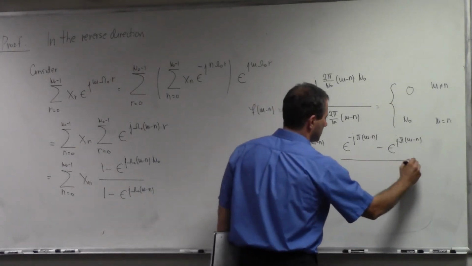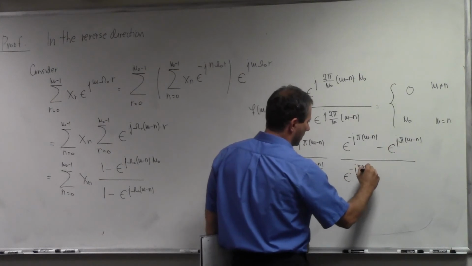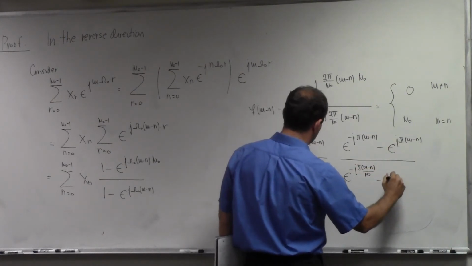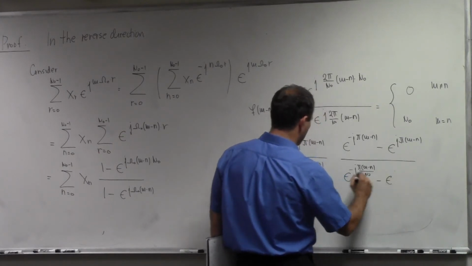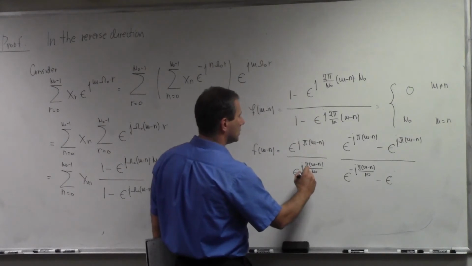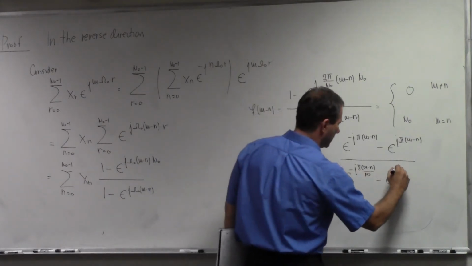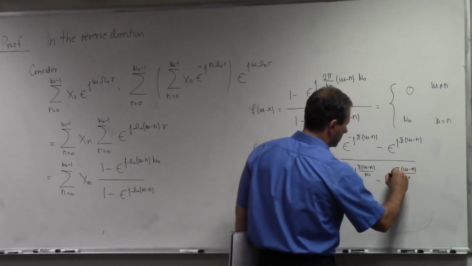So this becomes e to the minus j pi m minus n over n0 minus e to the pi m minus n over n0 j.